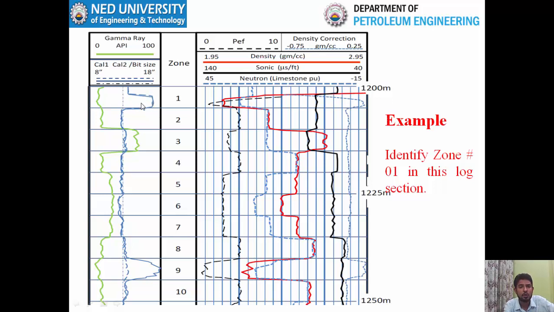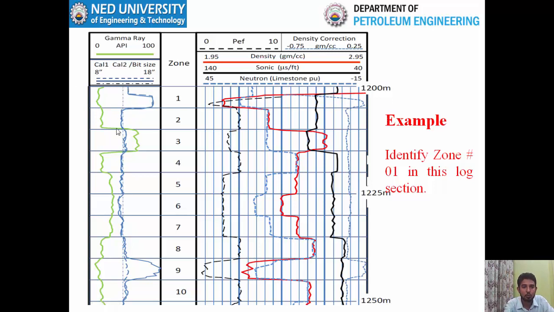Remember that we have also done an example when we were studying the caliper log, and we made the hole shape, and we have seen that the hole shape in zone number 1 is also circular, 17 inch from one side and 17 inch from the other side, because two calipers have been run in this log section, and when two calipers have been run you can make the hole shape.